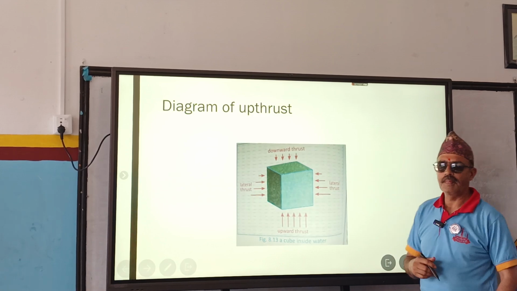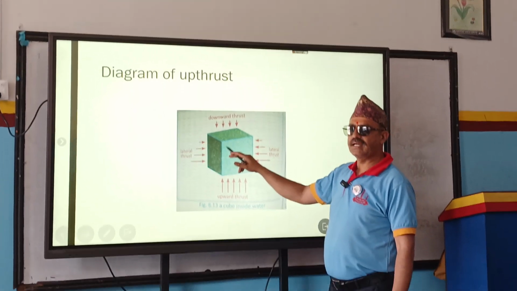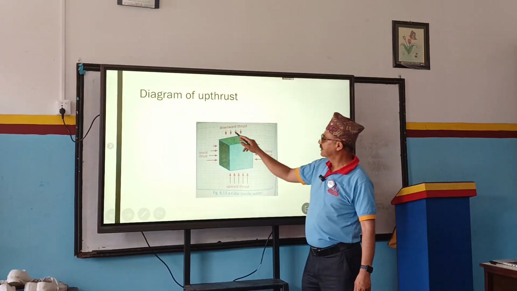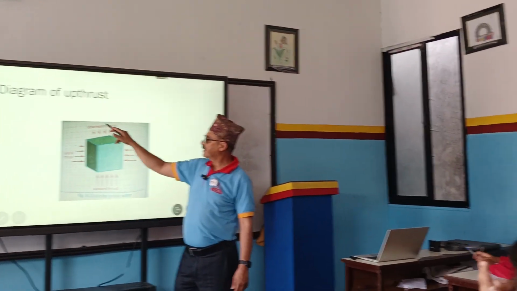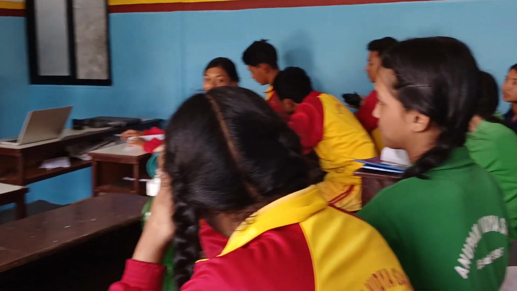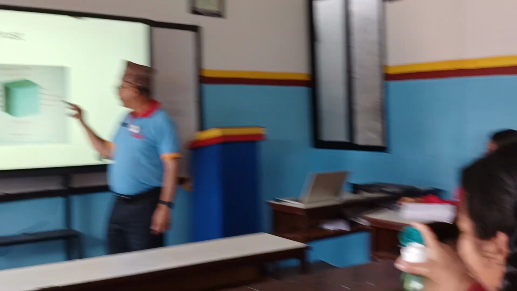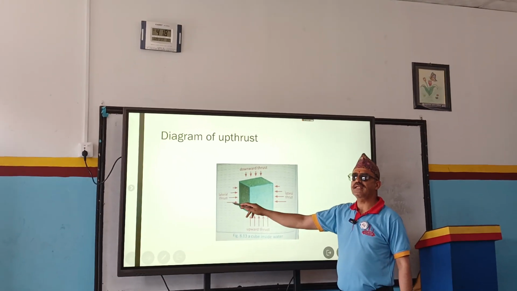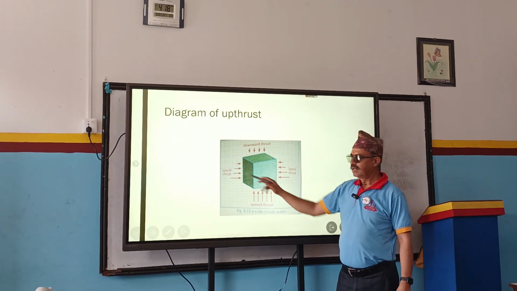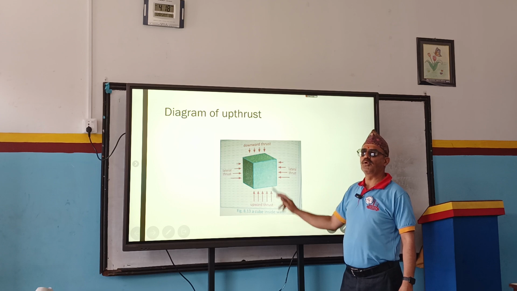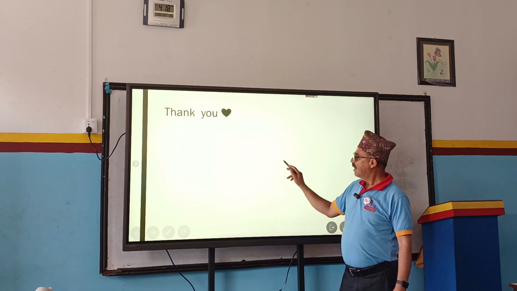Here an object is kept inside the liquid. See, it is pressed downward also, sideways also. So these two forces, left side force and right side force, will be equal and opposite. But upward force will be more than downward force.